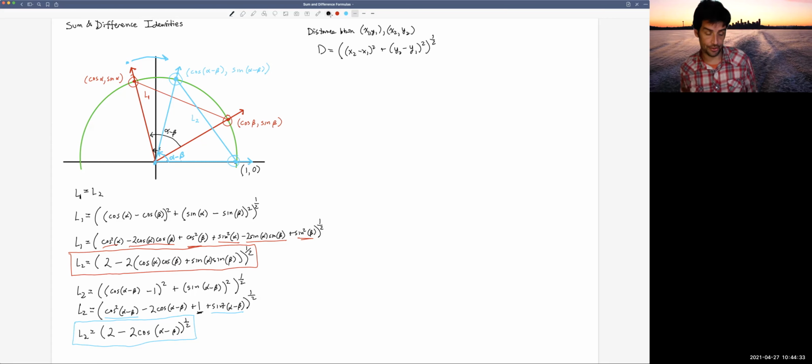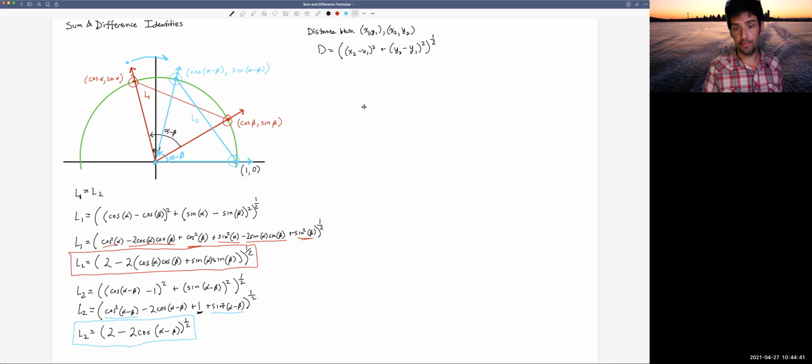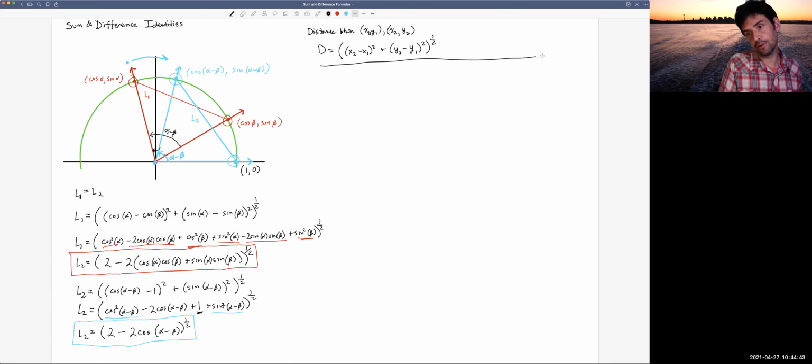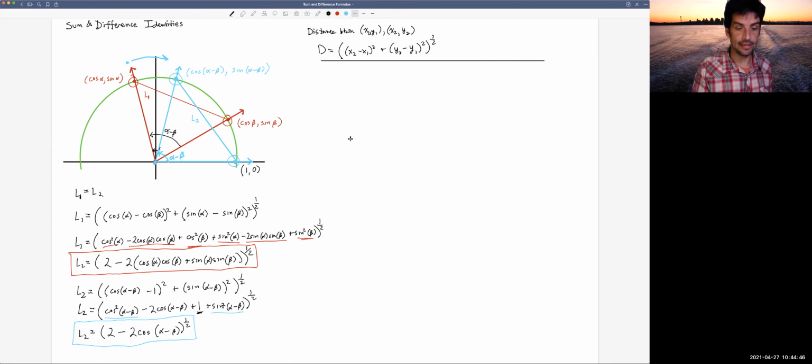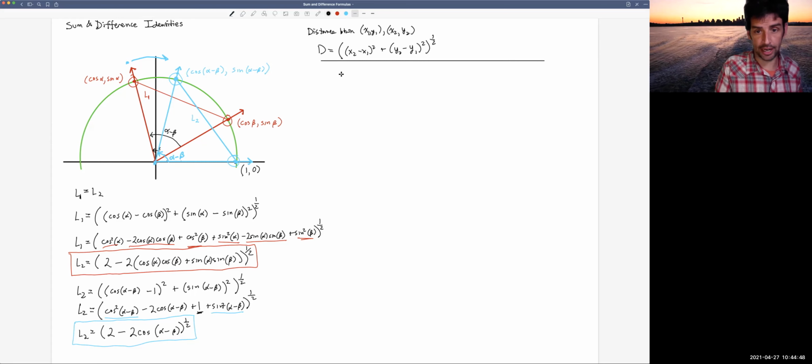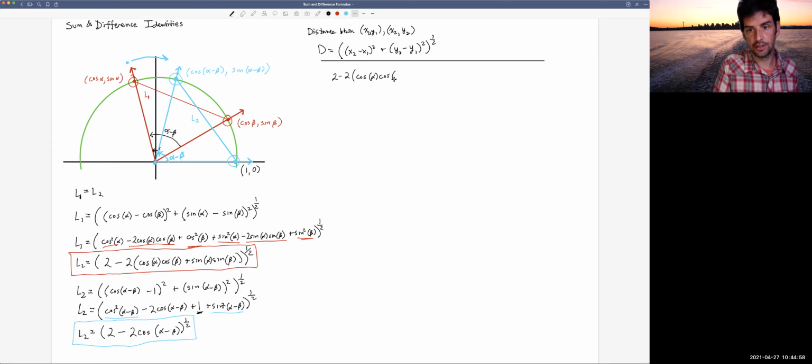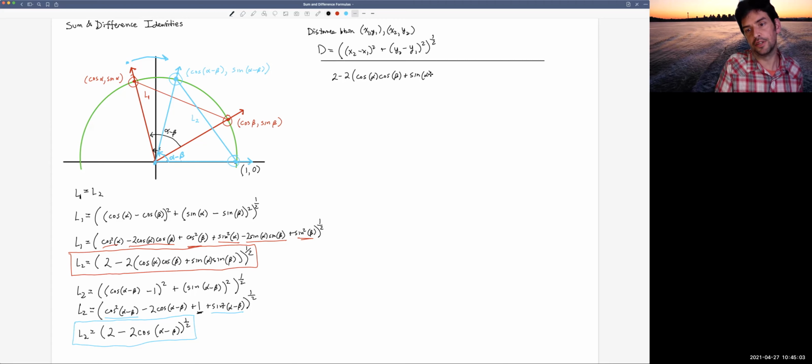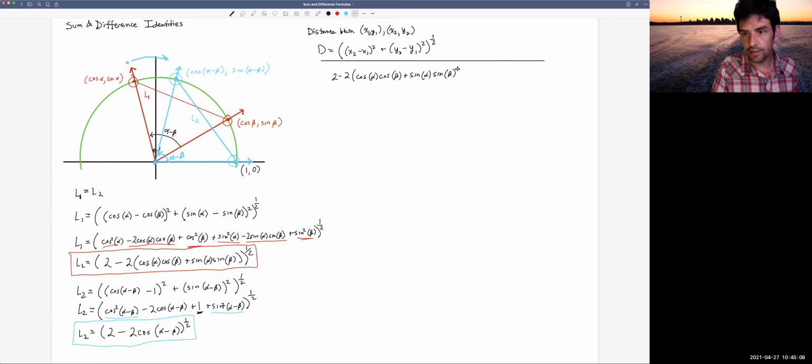So here is the big, I don't know, the big something. The fact that these two things are equal means, I'm going to come up here, I can take what I have boxed in red, 2 minus 2 times cosine alpha cosine beta plus sine alpha sine beta, making sure I have it correct.